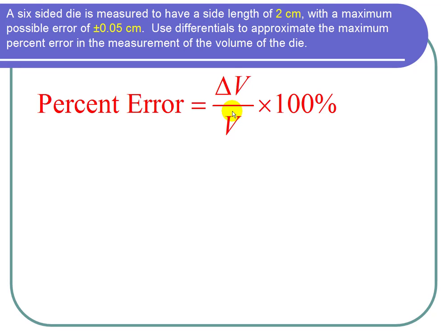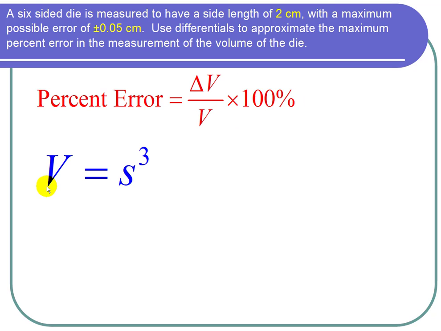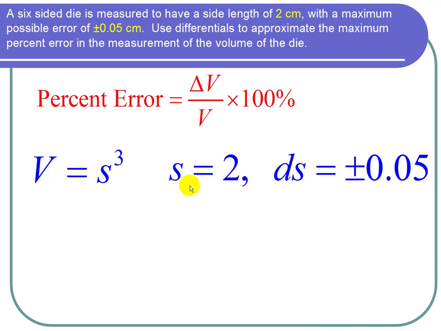So since we have a die which is a cube, the formula for a volume is that the volume is equal to S cubed. We're also given that the measurement of S was 2 centimeters and the error was 0.05. We can interpret that as saying S equals 2 and ds equals plus or minus 0.05.